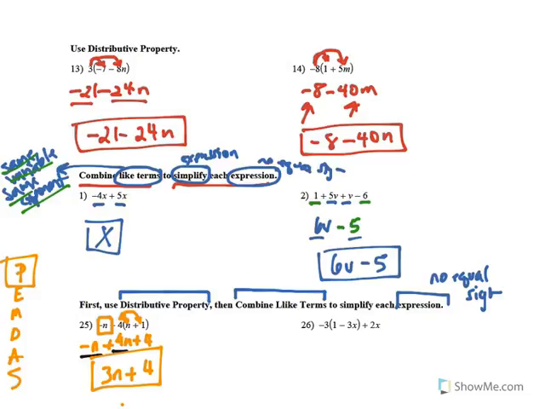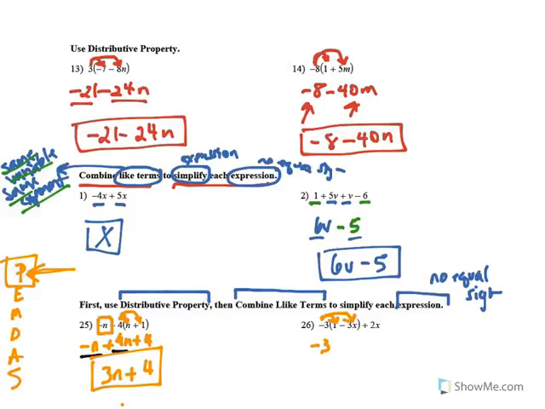In this one here we have negative 3, open parentheses, 1 minus 3x, close parentheses, plus 2x. So I need to do my parentheses first. I will distribute or give the negative 3 to each piece in the parentheses. Negative 3 times 1 gives me negative 3.